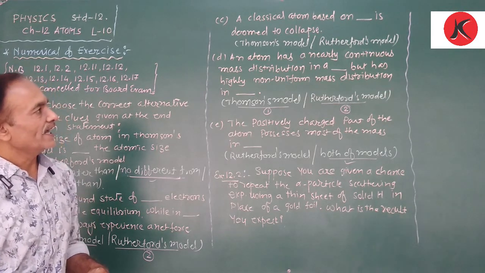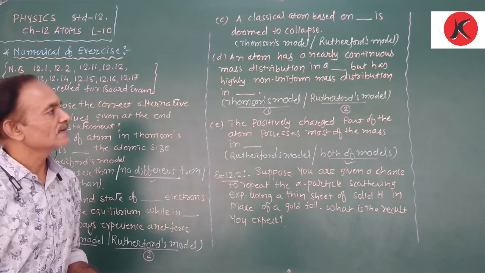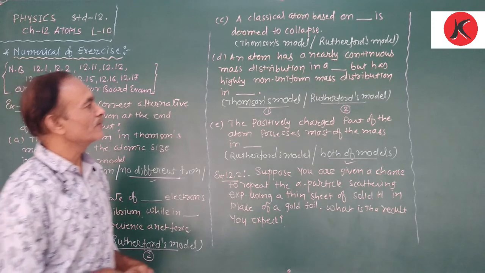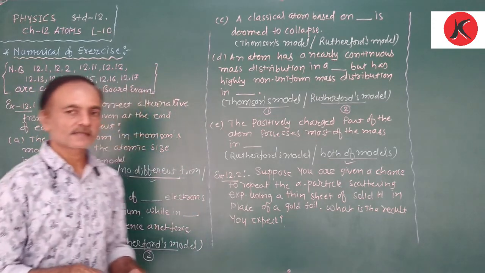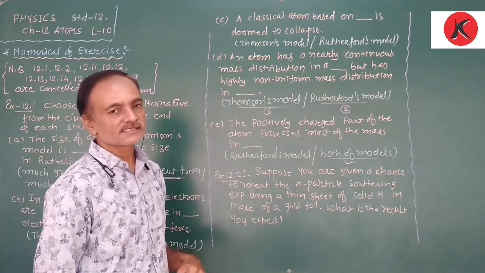Now next is: an atom has a nearly continuous mass distribution in blank, but has a highly non-uniform mass distribution in blank. In which model does the atom have a nearly continuous mass distribution?